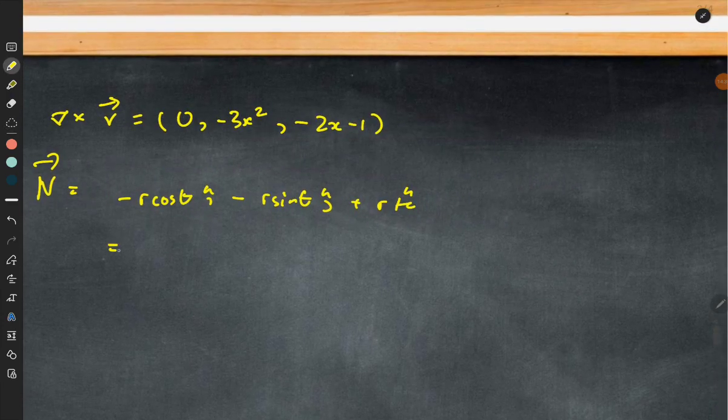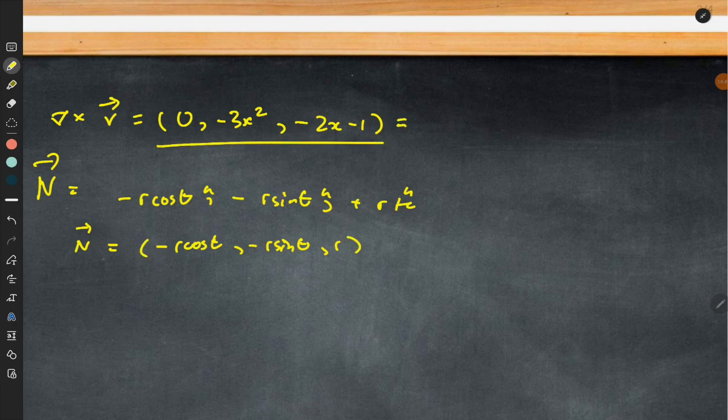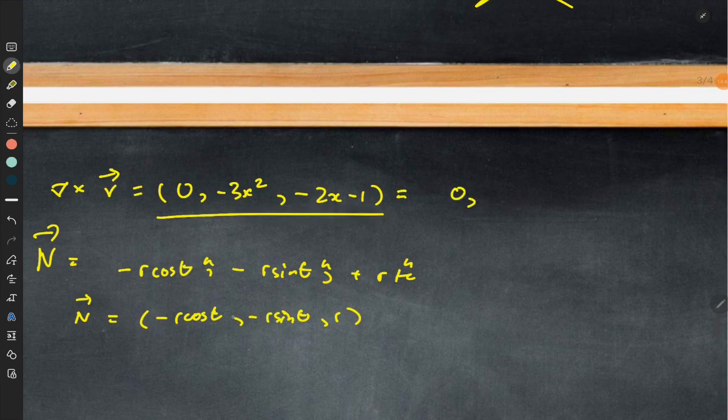Let me write it a little neater. So what we've got to do is substitute these values in terms of r and theta.